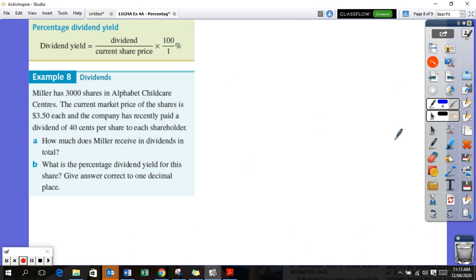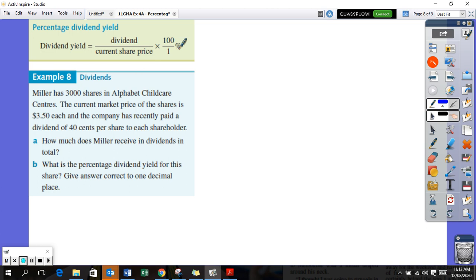And a last little bit is we're going to look at the percentage dividend yield. Okay, so basically the percentage profit we get from a dividend. Okay, so the dividend yield is a dividend divided by its current share price, just times 100 to make it a percent.